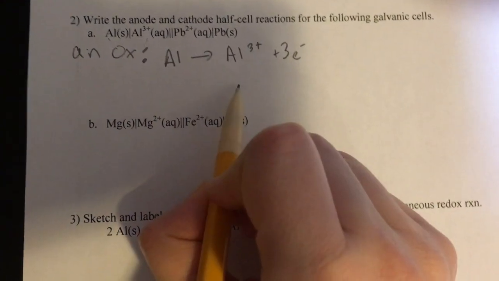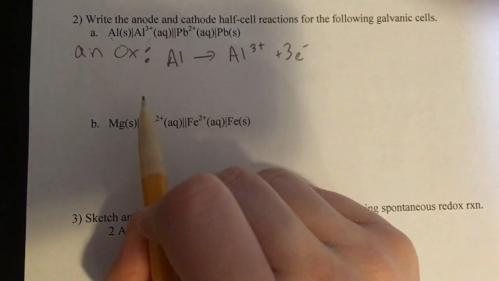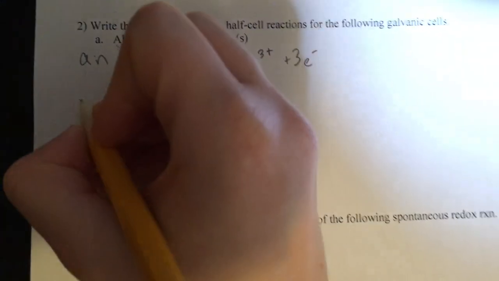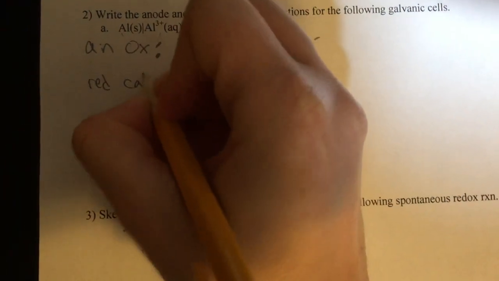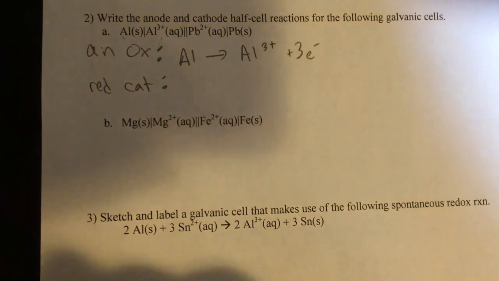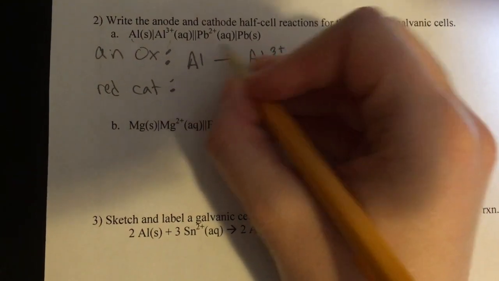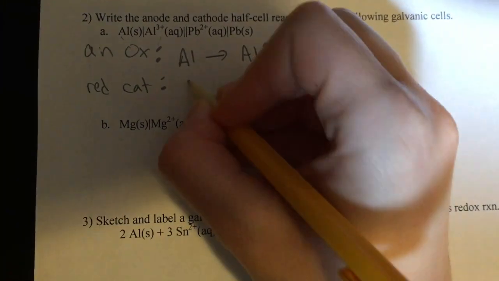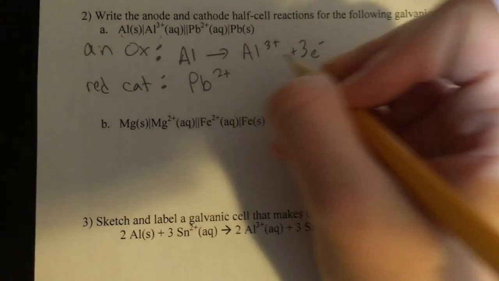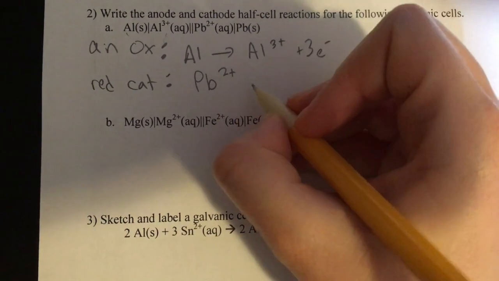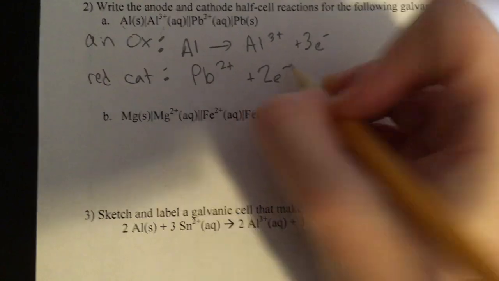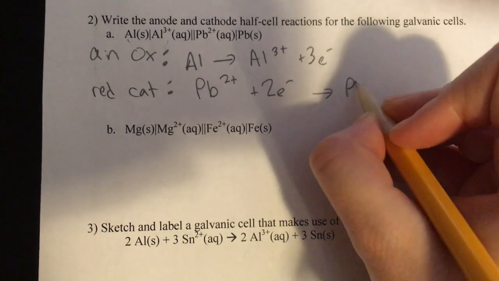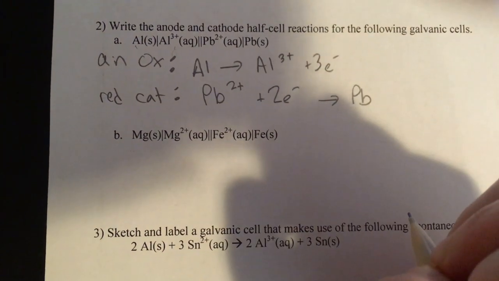If you want to, you can include the states, but that's not super necessary. And then our reduction half reaction would be happening in the cathode. An-ox, red-cat. It looks like lead 2+ is being reduced to form solid lead. So in order to do that, it's going to need to gain 2 electrons to form just plain solid lead.